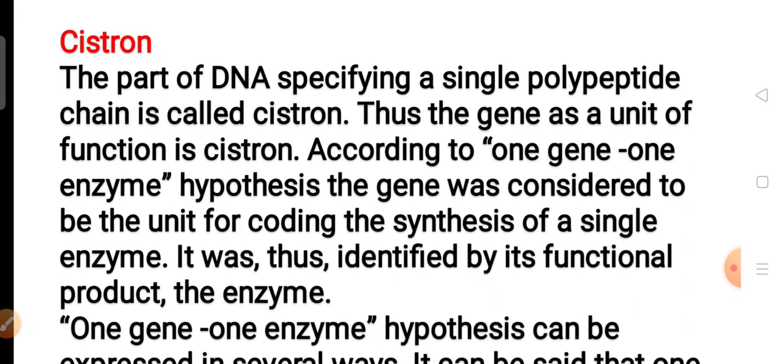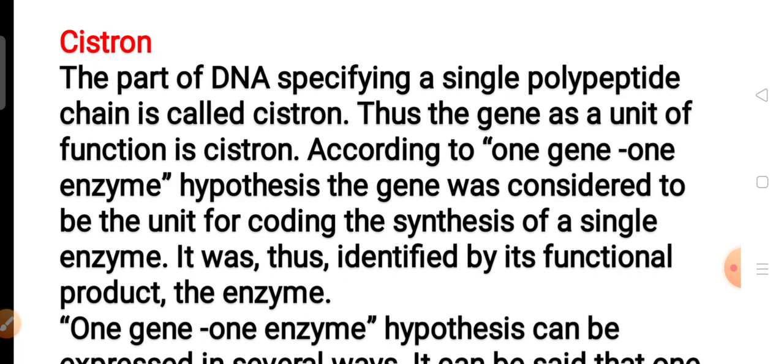So that part of DNA specifying a single polypeptide chain is called a cistron. Thus, the gene as a unit of function is called a cistron.